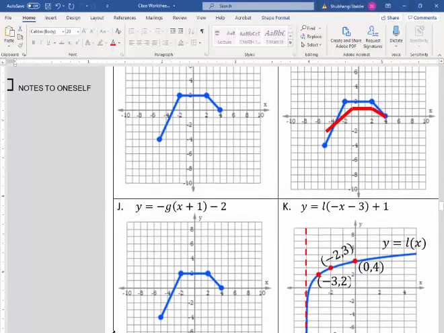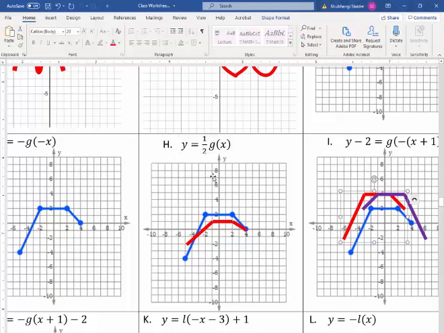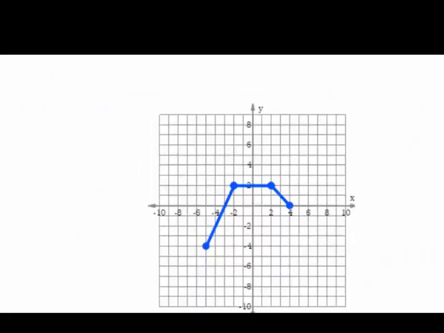All right. This next one here is half of g of x. So all the coordinates shrunk by half. So instead of -4, you'll have -2. So actually, this we may have to do over here also. If you want to shrink it by half, all the coordinates shrunk by half.